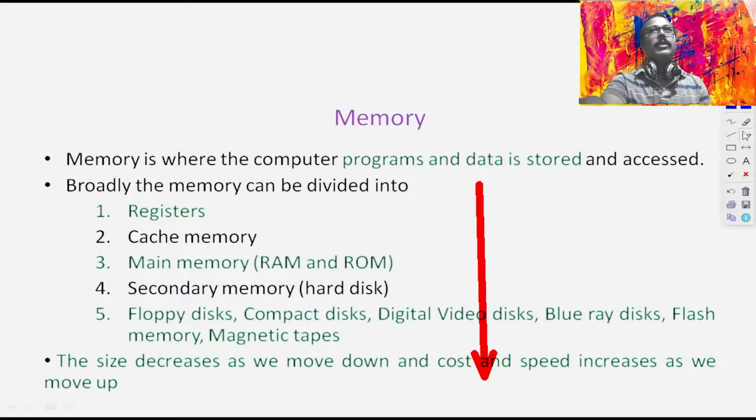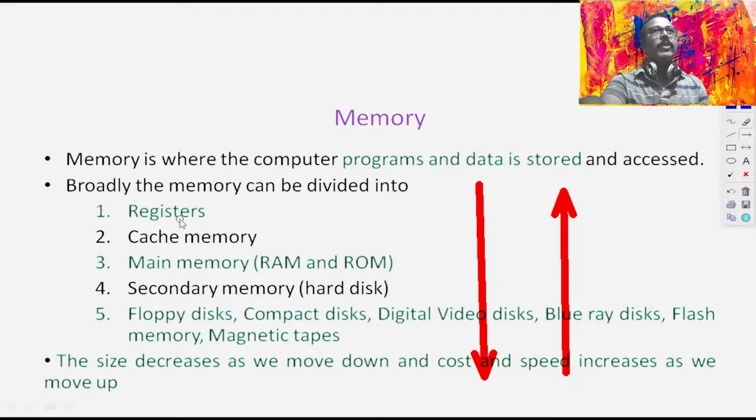But to go in the other direction, speed increases. That means registers are very fast when compared to cache memory, cache memory is fast when compared to main memory, and main memory is fast when compared to secondary memory, etc. The two main factors considered are cost and speed.